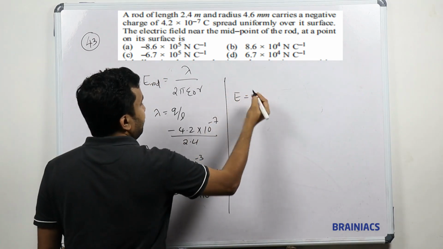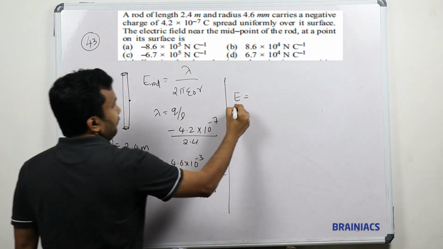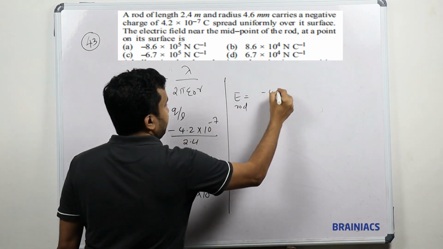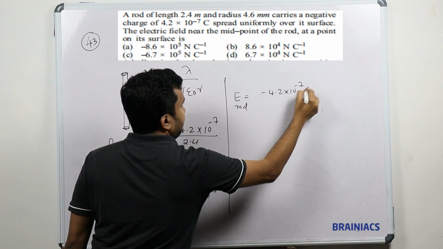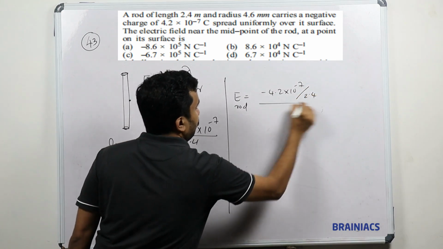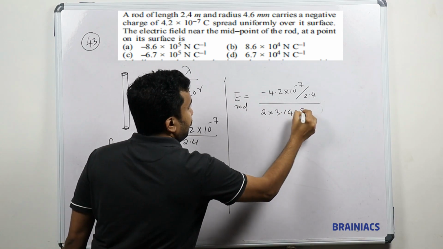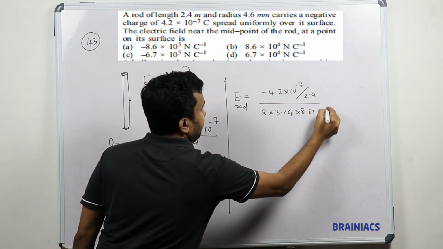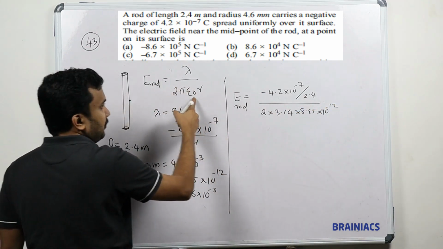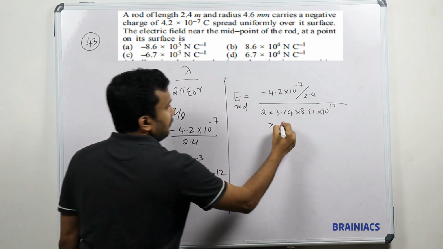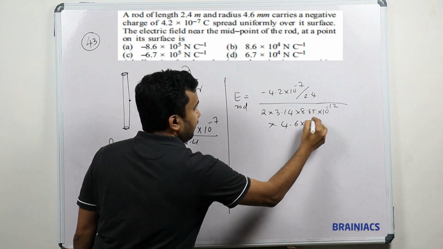So we go for E. E will be equal to minus 4.2 into 10 power minus 7, whole divided by 2.4, whole divided by 2 into pi 3.14 into 8.85 into 10 power of minus 12 (epsilon 0), multiplied with the radius 4.6 into 10 power minus 3.